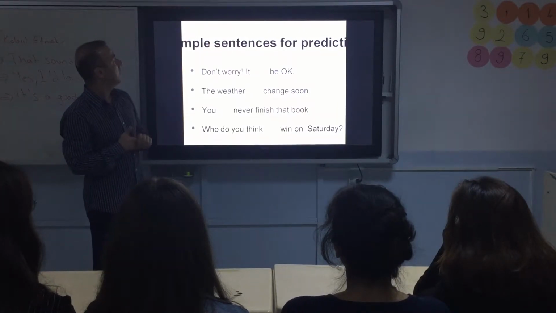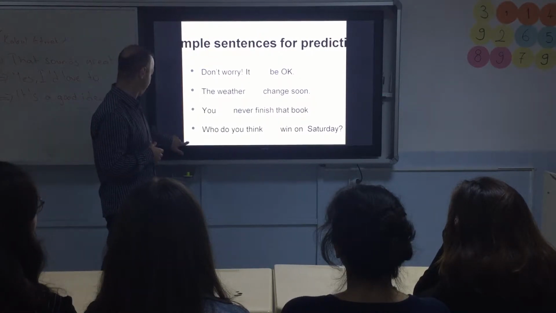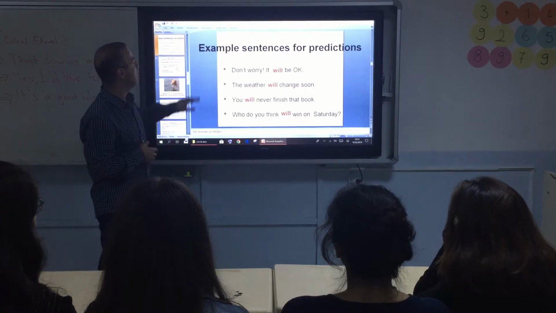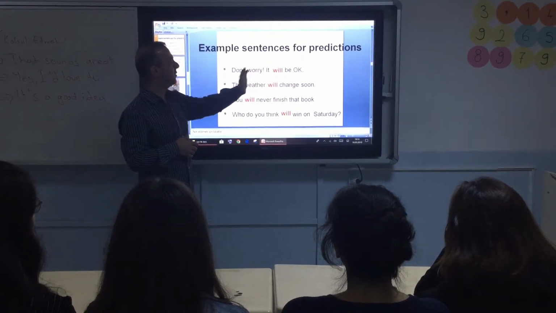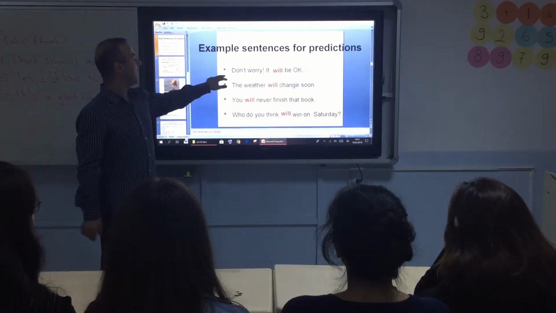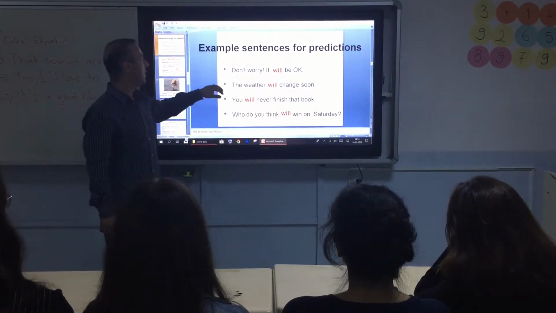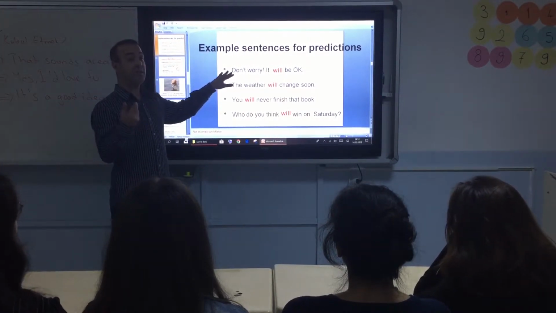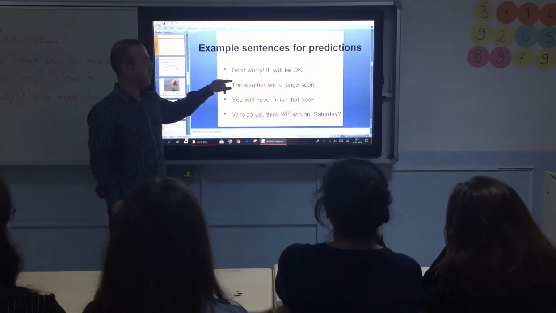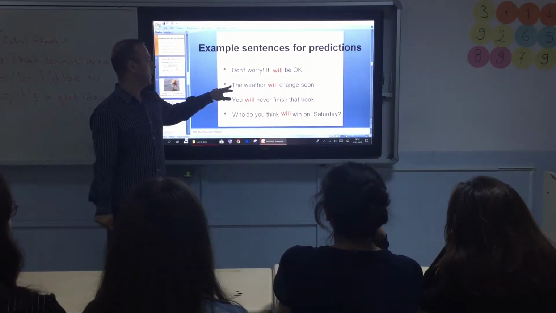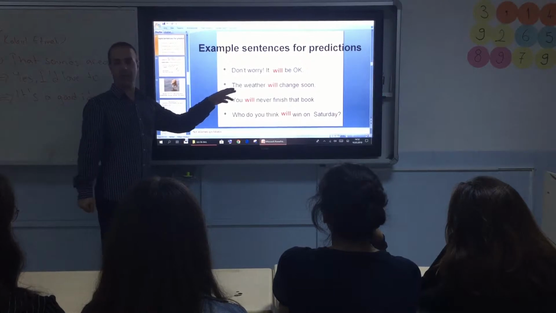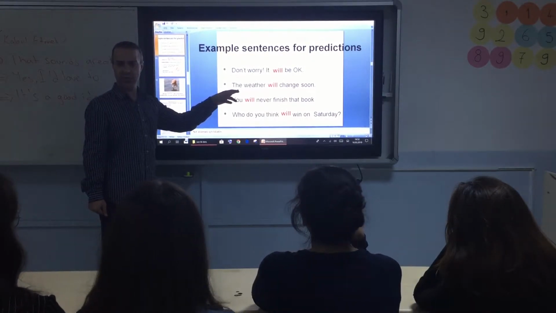Example sentences for prediction. Okay, Ceren. Don't worry, it will be okay. Okay, this is a prediction. This is an opinion. And Merve, The weather will change soon. Is there any evidence?